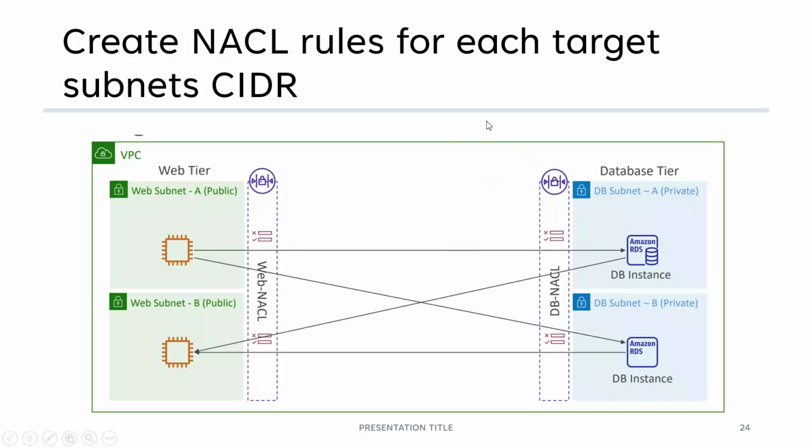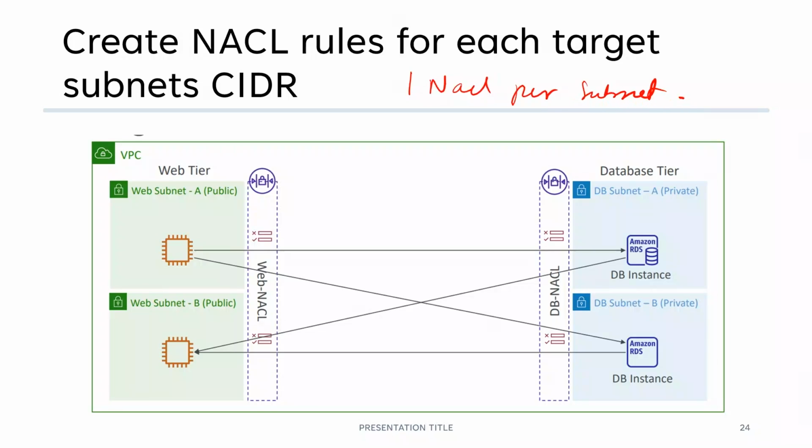Okay, now you may ask a question: why is this NACL associated with two subnets? The rule is one NACL per subnet, but the vice versa is not true. Sorry, I'm getting confused.